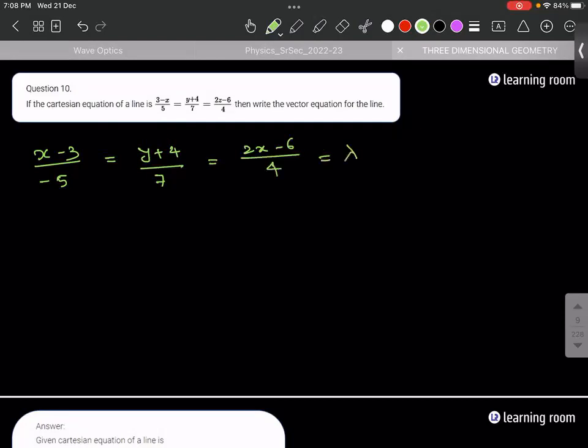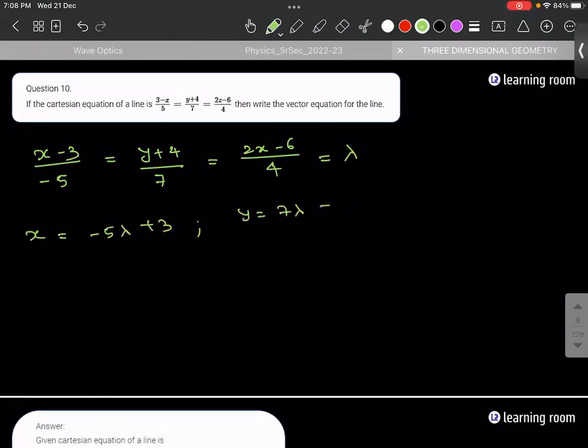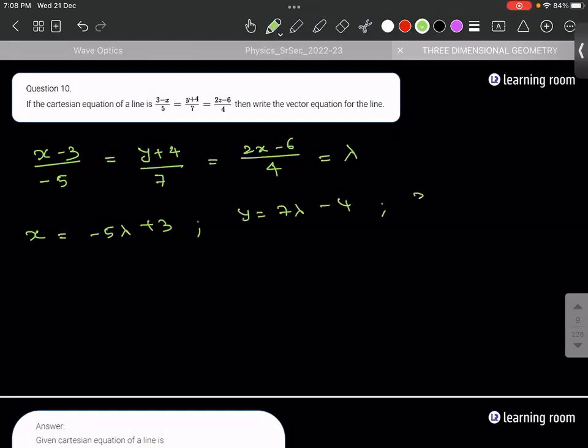If I write this equal to lambda, then x is equal to minus 5 lambda plus 3, y is equal to 7 lambda minus 4, and z is equal to 4 lambda plus 6 divided by 2.